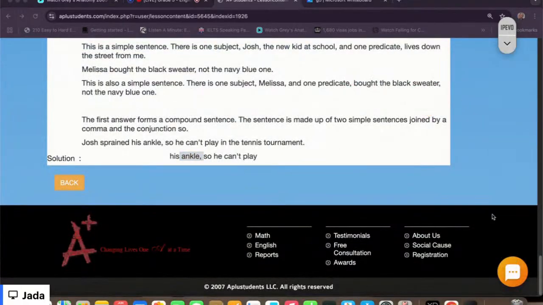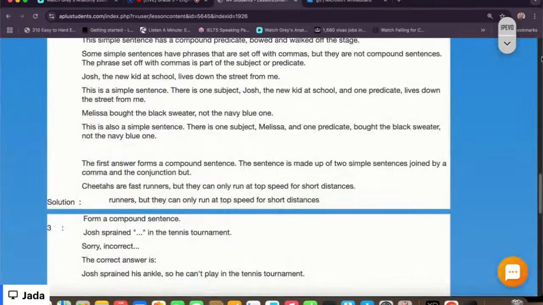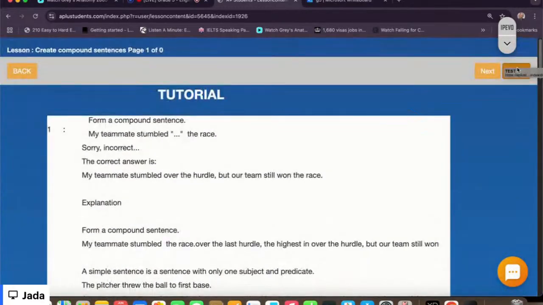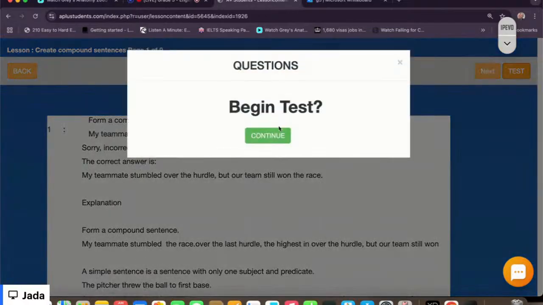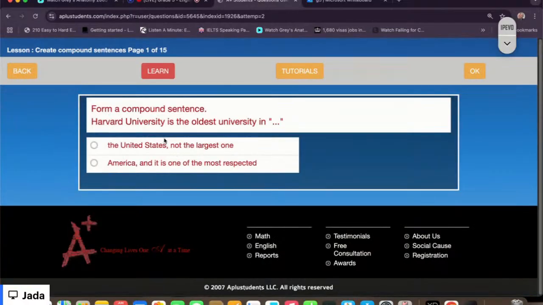All right, so we will go to the test and we will basically just create the compound sentences. So of course you share your answers with me. So Harvard University is the oldest university in dash the United States, not the largest one, or America, and it is one of the most respected. So form a compound sentence, first to second.